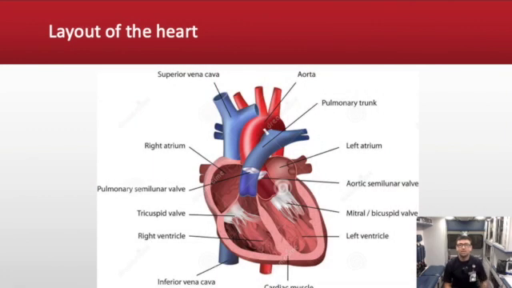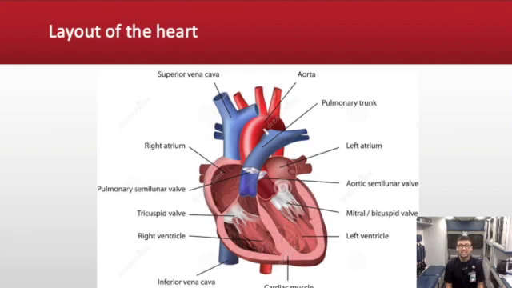So again, looking at the layout of the heart, here is just a reminder: the superior and inferior vena cava, which are bringing blood back to the heart, are dropping it into the right atria. This is deoxygenated blood that the body's already used. It's dropping down into the right ventricle, up through the pulmonary semilunar valve, into the pulmonary arteries to supply the deoxygenated blood to the lungs so that when we breathe, we can reoxygenate it.